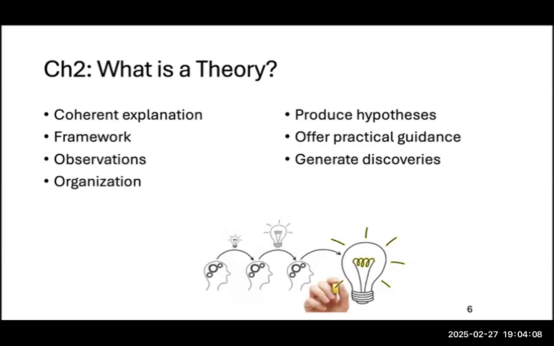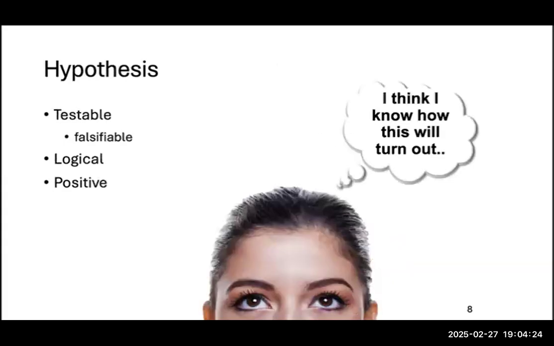So theories are very general, right? They organize observations into a coherent way of interpreting them. The purpose of a theory is to explain patterns and things that we have observed. On the other hand, hypotheses are very specific to a study. A hypothesis is something that we want to test, right?